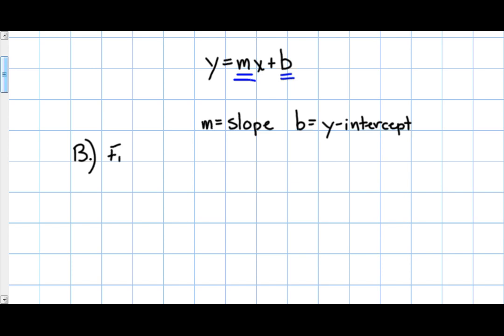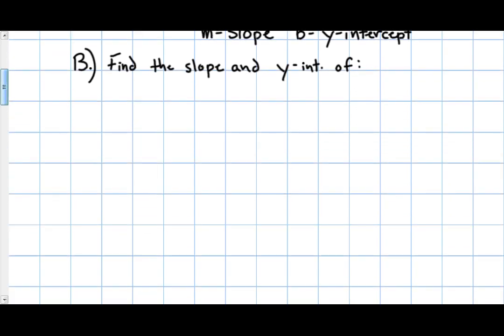How about if we find the slope and y-intercept of negative 4x plus 2y equals 8.